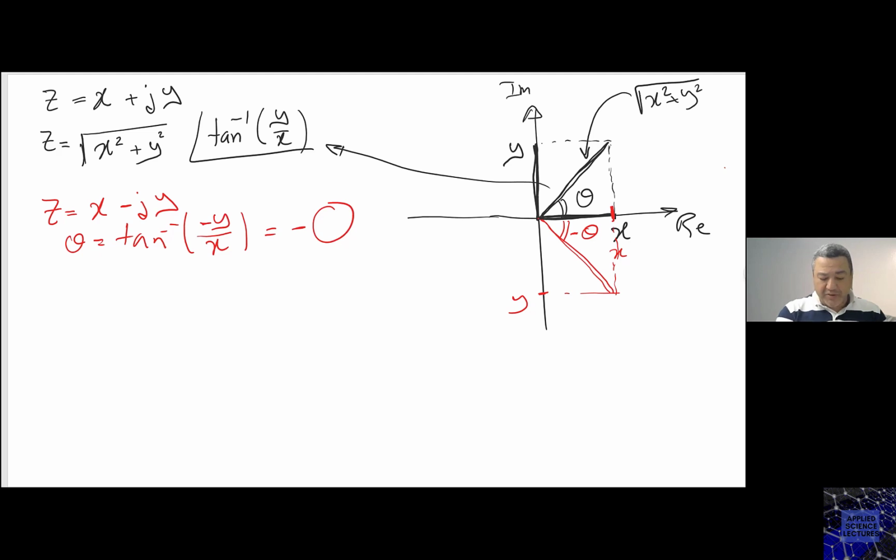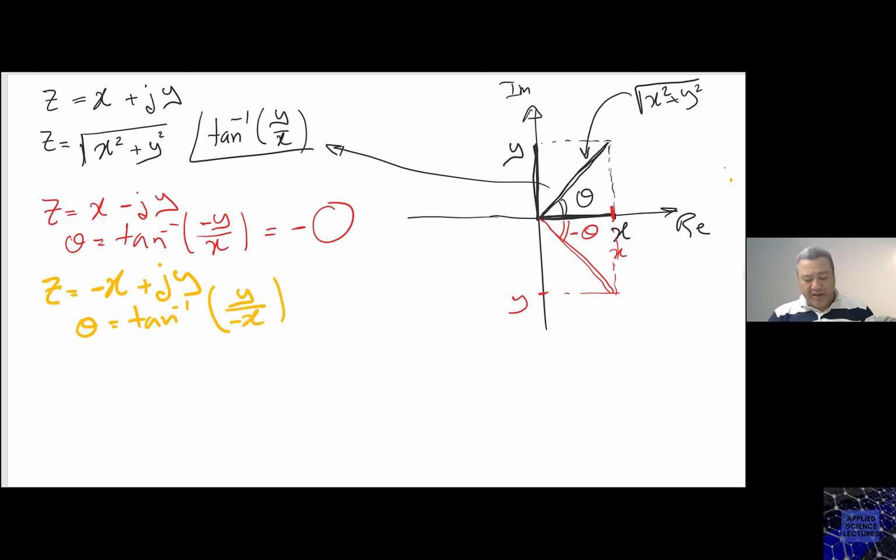But where is the tricky part? The tricky part is when you have the real part as negative. That's one of the tricky parts. So z equals to minus x plus jy. And in this case, theta would be tan inverse of y positive over minus x. But guess what?